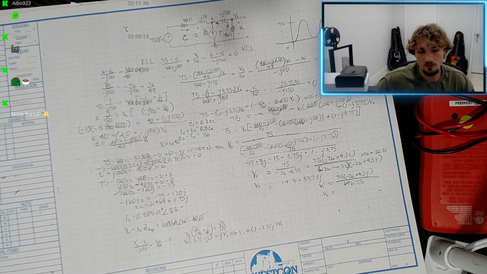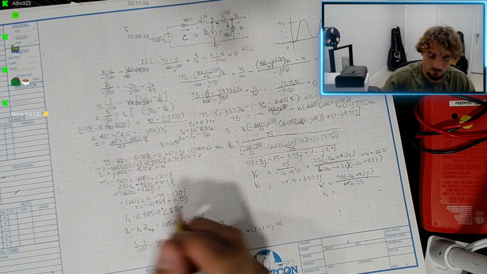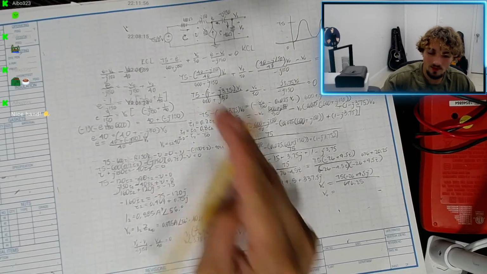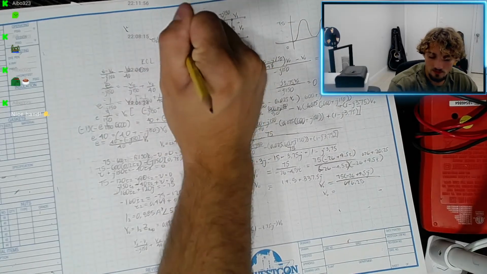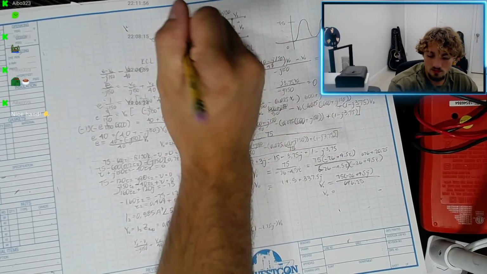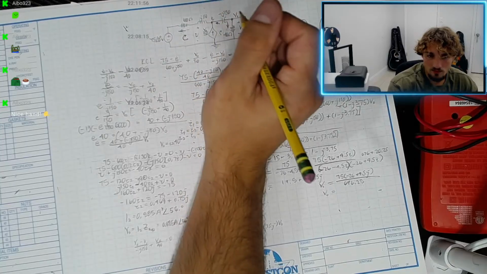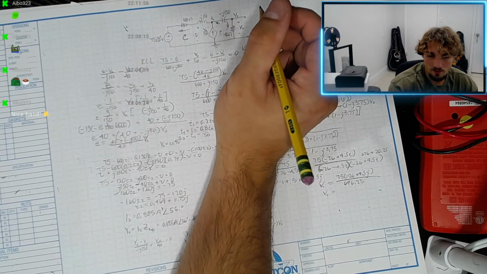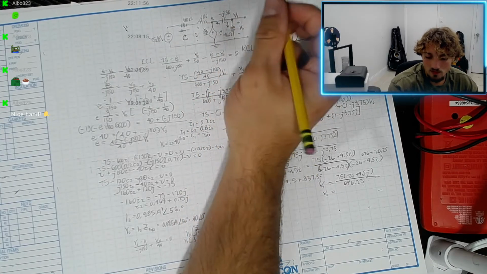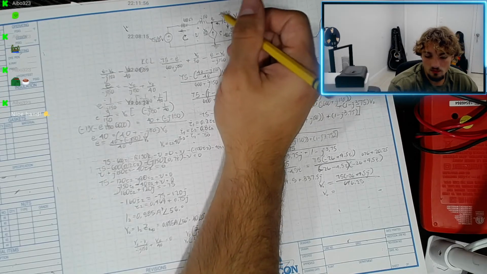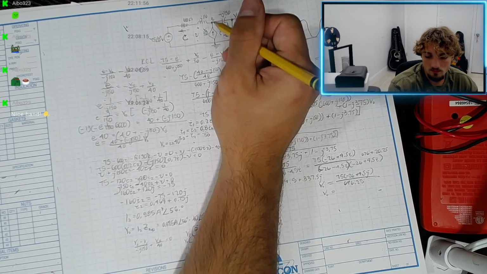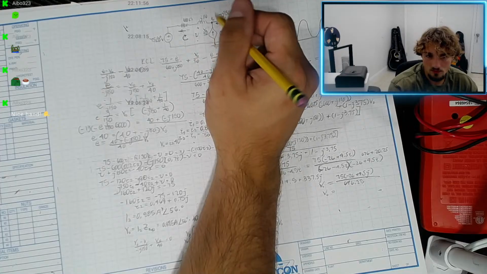Let's see what their other equation is. Multiplying the entire equation by 150. KCL at node 1. I don't know why it's doing current in a weird direction, saying all the current's coming in this direction. It's odd, I wouldn't have done that. V out over 50, negative V out over 50, true.